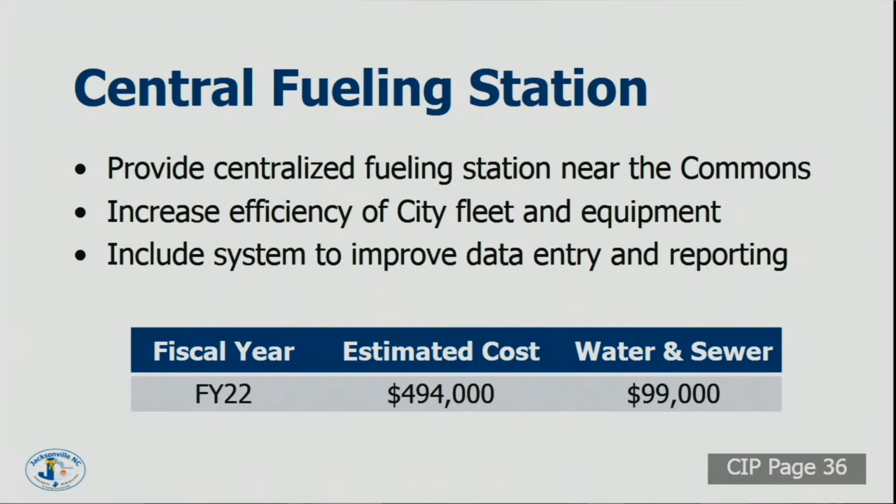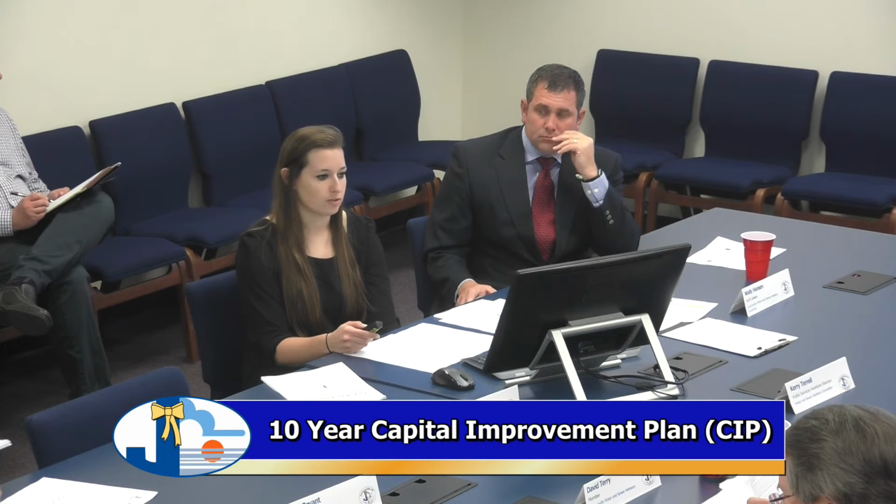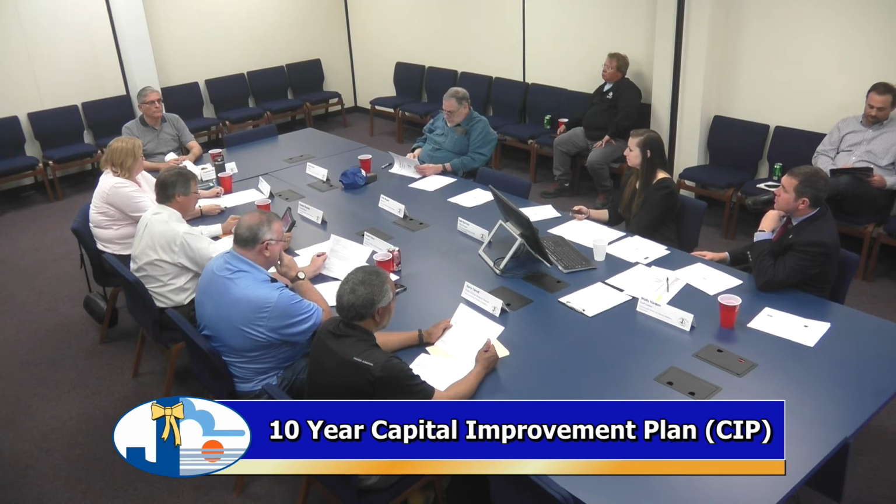For the reporting takes our public service complex fleet just about 30 minutes. So it would help with the overall process. And you'll see, again, this is a percentage. I believe it's 20% of that overall cost. And that represents the water and sewer fleet that we have that would potentially use that station.